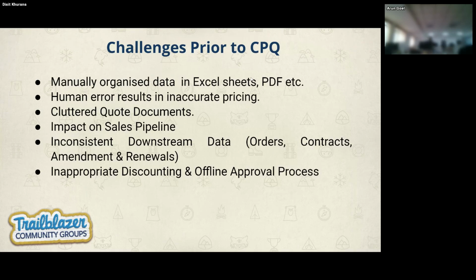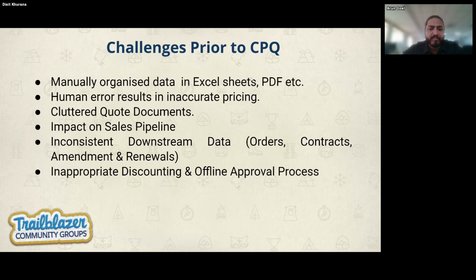As a result, there can be a lot of human errors as well. There is no standard pattern of pricing, so it's all about manual work. And if you have to give discounts, there can be an issue in discounting as well.